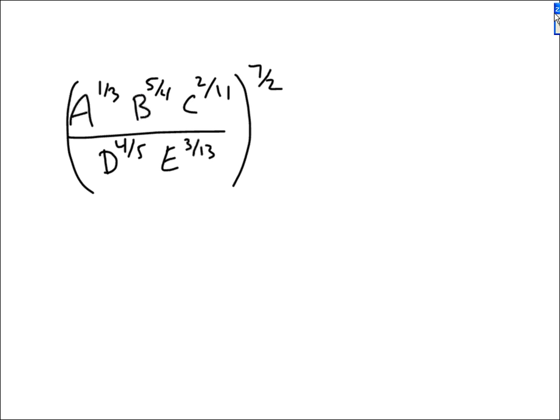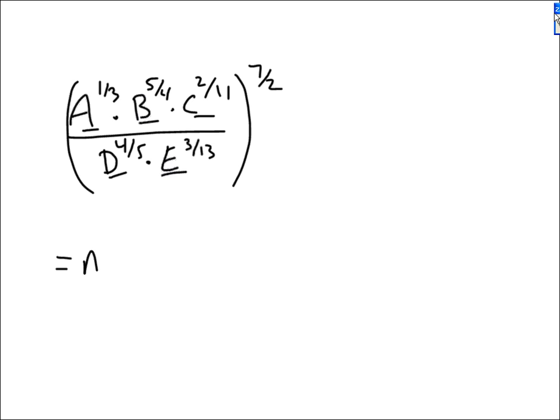Every factor, factors are the things that are being multiplied or divided: a to the 1/3 times b to the 5/4 times c to the 2/11 divided by d to the 4/5 divided by e to the 3 over 13. Those are the factors. Each of those factors gets raised to the 7 over 2 power.